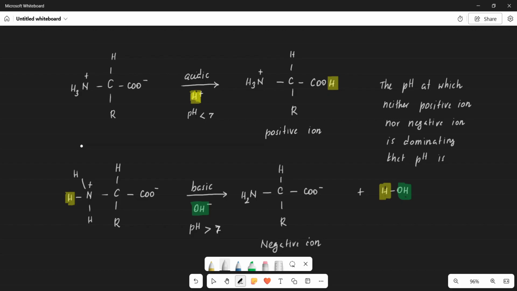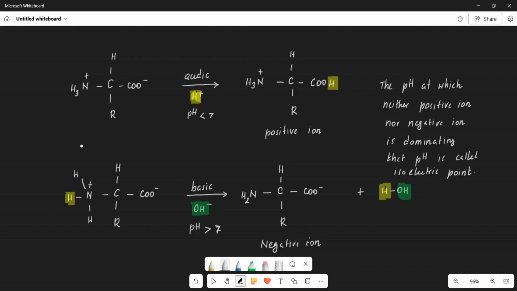That pH is called the isoelectric point. At acidic pH, the positive ion dominates. At basic pH, the negative ion dominates.